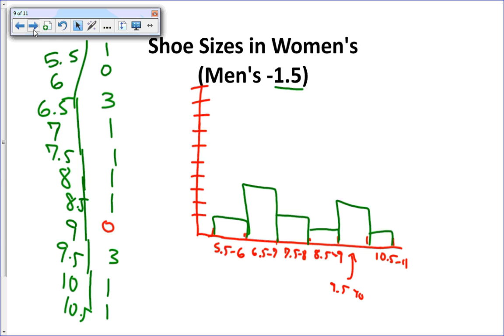Now, why is it bimodal? There are 2 lumps. Let's talk about the data. So why in this group are our shoe sizes bimodal? In general, who's this?